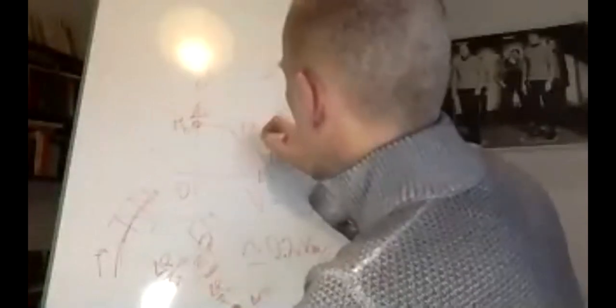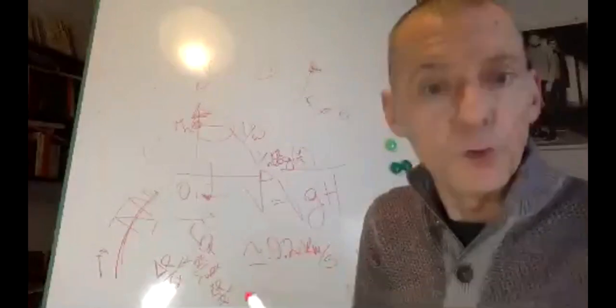Here you have M0. Here it is going as 1 over omega squared. So the flat part appears when you consider very long periods, as I told you.